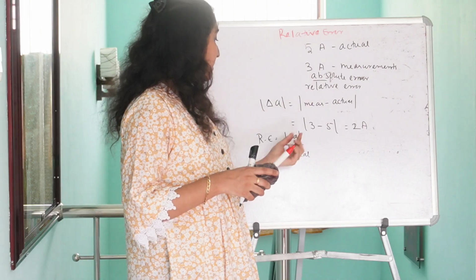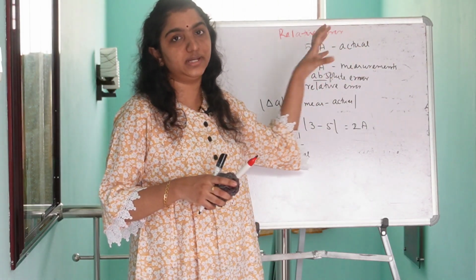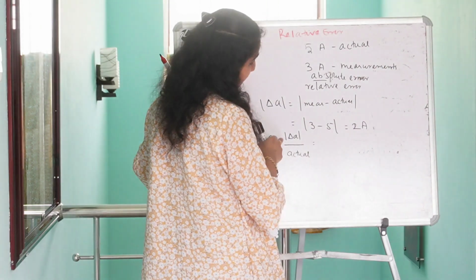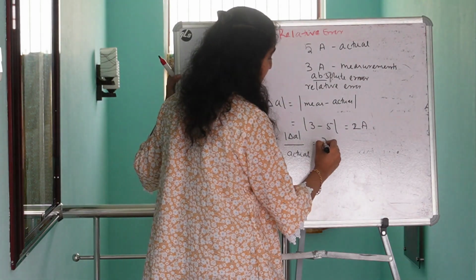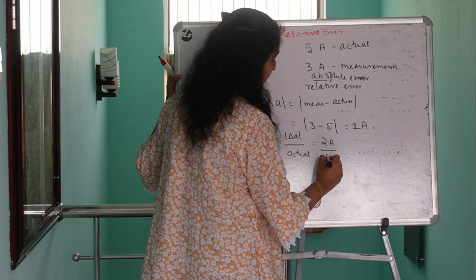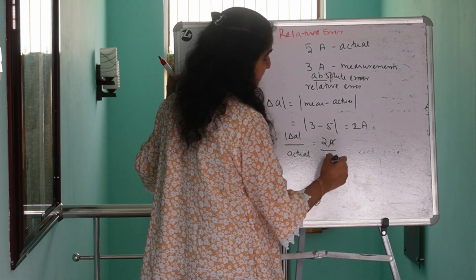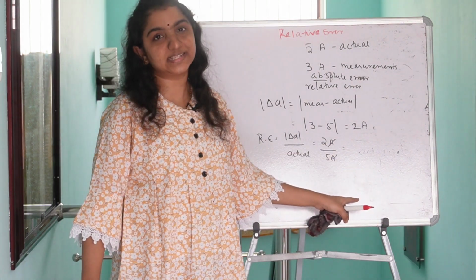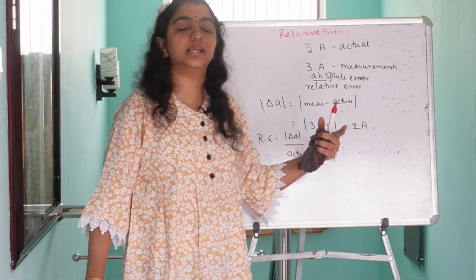So for finding the relative error, I have to simply divide the absolute error by the actual value, that is 2 ampere divided by 5 ampere. Since the units are the same, they will get cancelled.